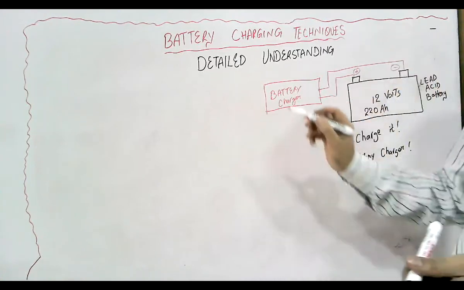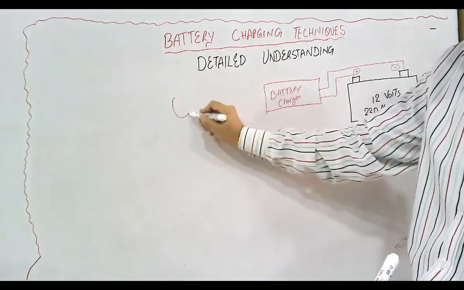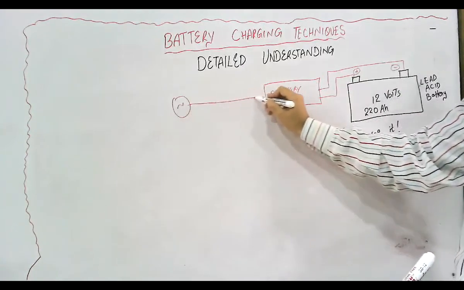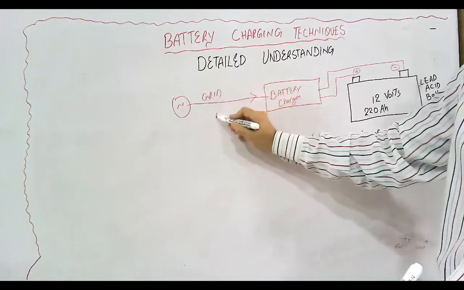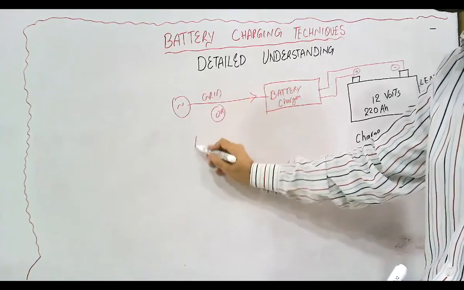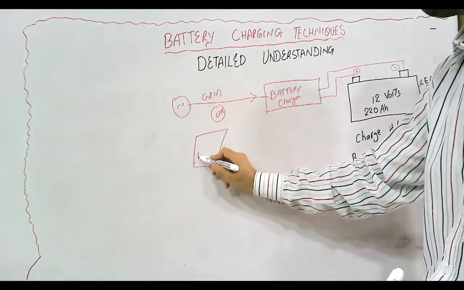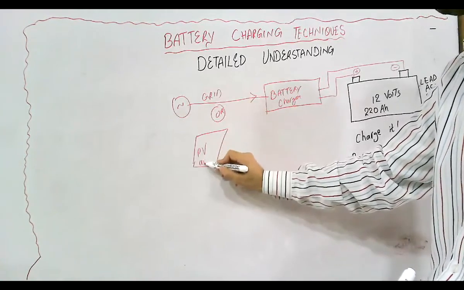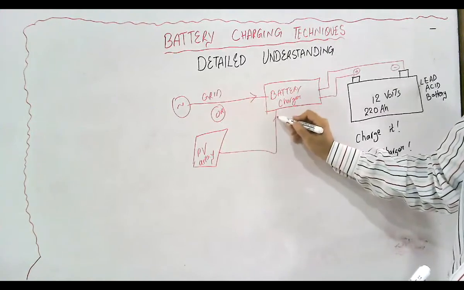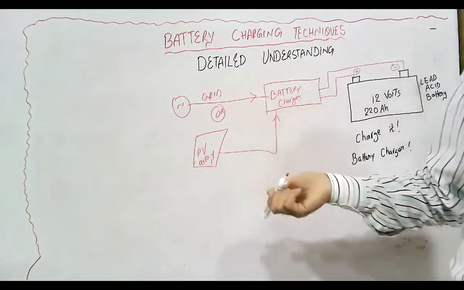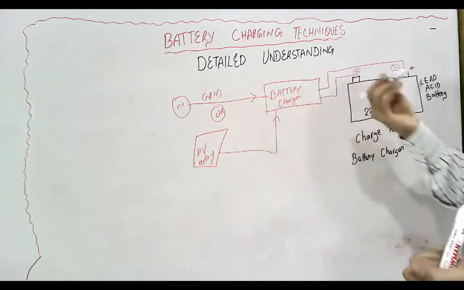And this battery charger is taking supply either from your grid, or it may be powered by some PV array. So it depends on how it is basically charging.